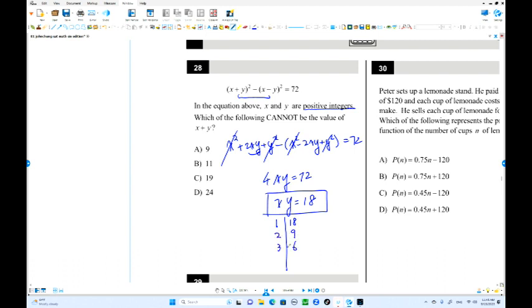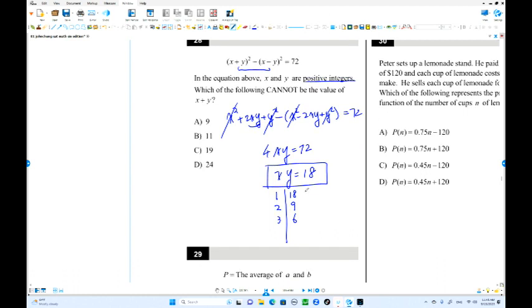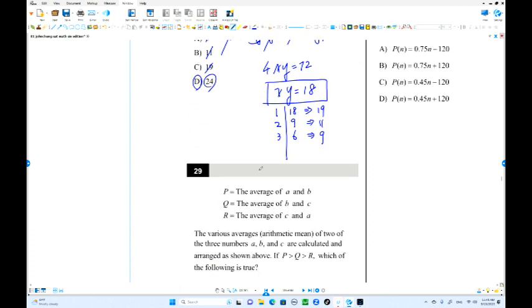That's it. The sums can be 19, 11, or 9. So we can never make 24, which is an integer. So choice D is the answer.